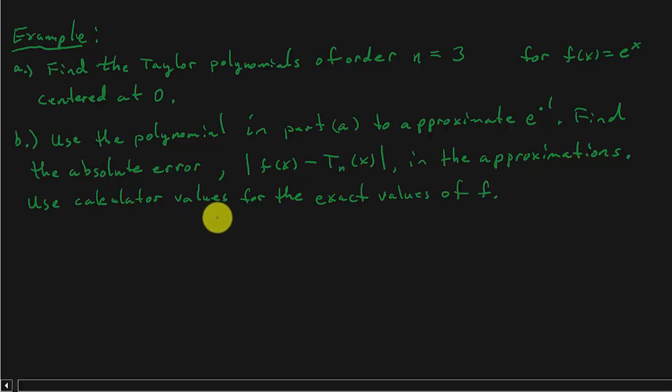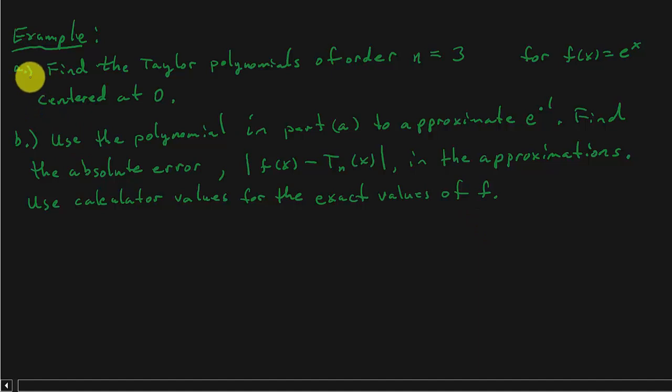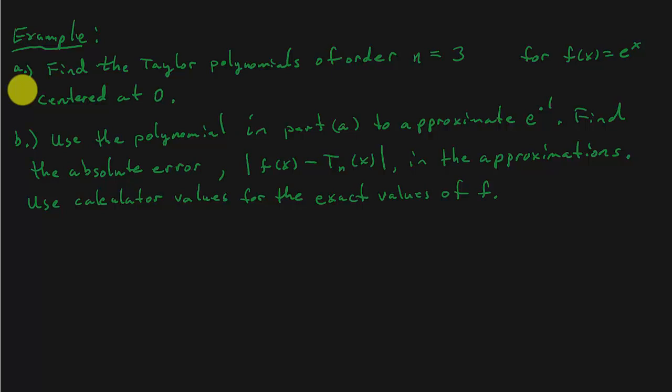Use calculator values for the exact values of f. All right, so we're going to basically do the same thing that we did in the first problem to find part A. On this problem, I'm not going to graph it like I did the other one. We're just going to find it, and if you want to get on some software and graph it and look at it, you can.